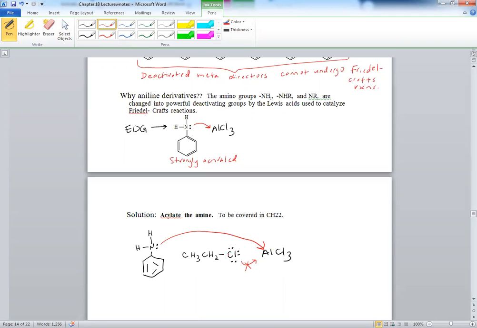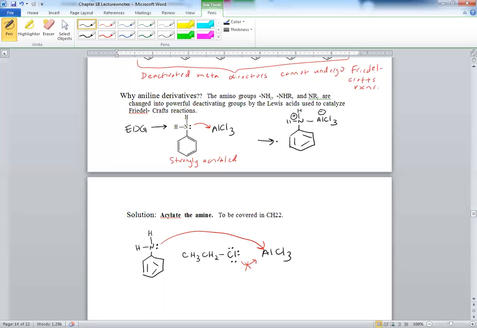So instead of the reaction going between the ethyl chloride, let's say, and the aluminum chloride, it is going to go between the amine group and the aluminum chloride. And guess what happens? This is what you're going to get. And things have to make sense in this class.